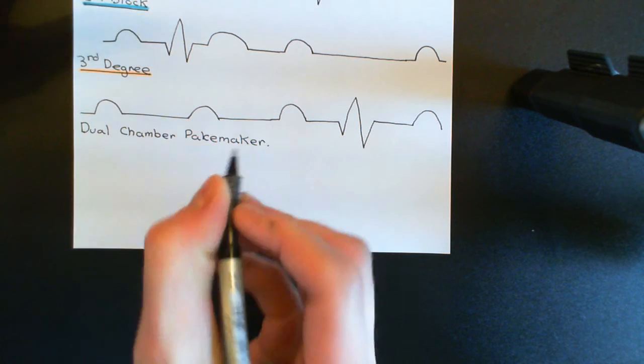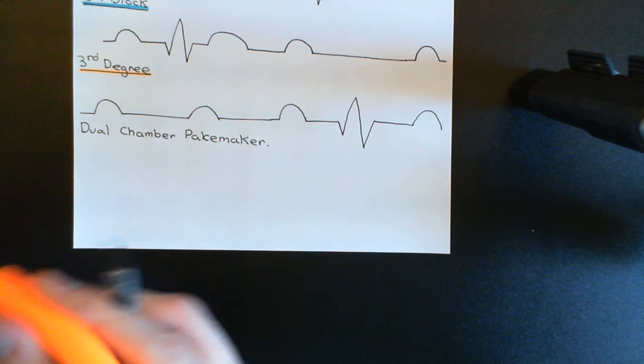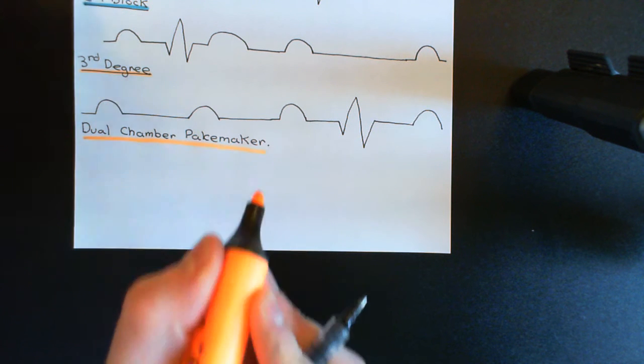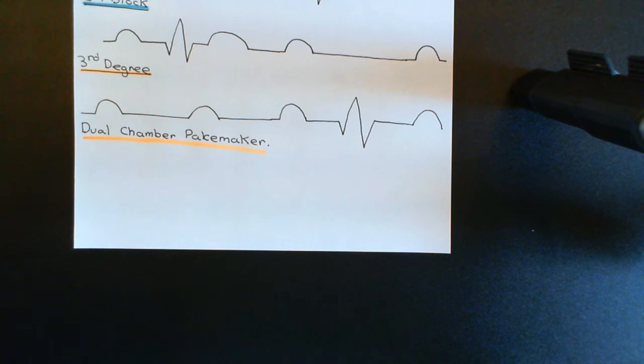The idea is exactly the same. You'll have a little device that is implanted under the skin, and the way the electrodes get into the heart is the same. We will put the leads usually into the left subclavian vein, and feed them into the left brachiocephalic vein, into the superior vena cava, down into the heart.